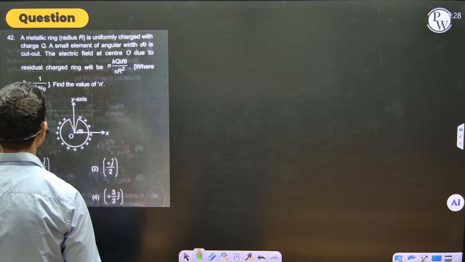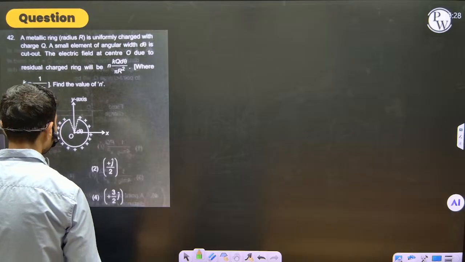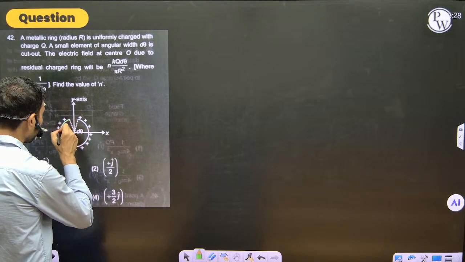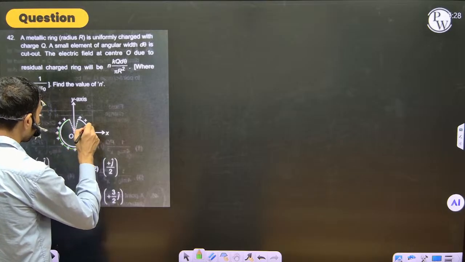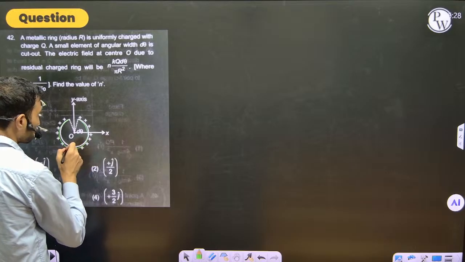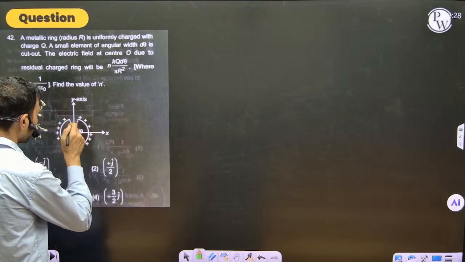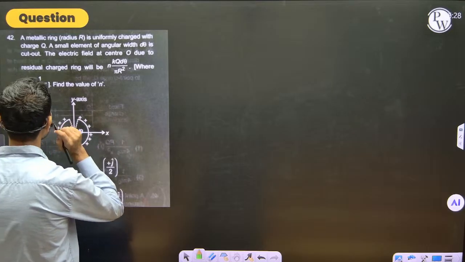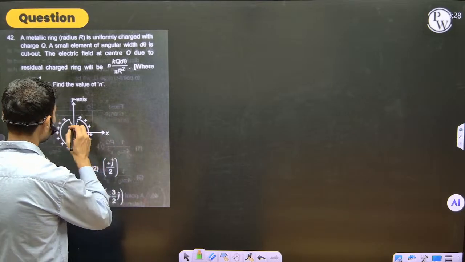So the full ring charge is Q, right? And you remove a small portion of it.